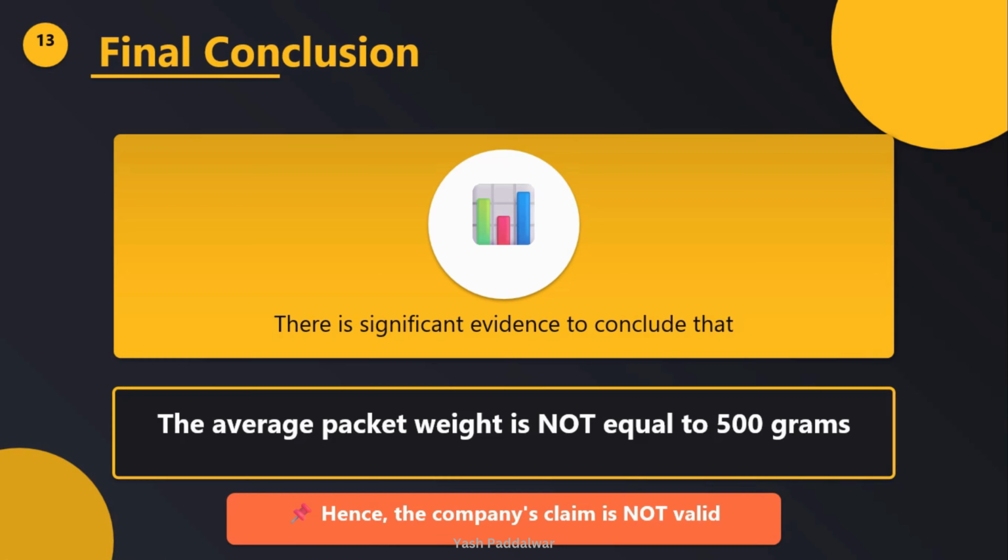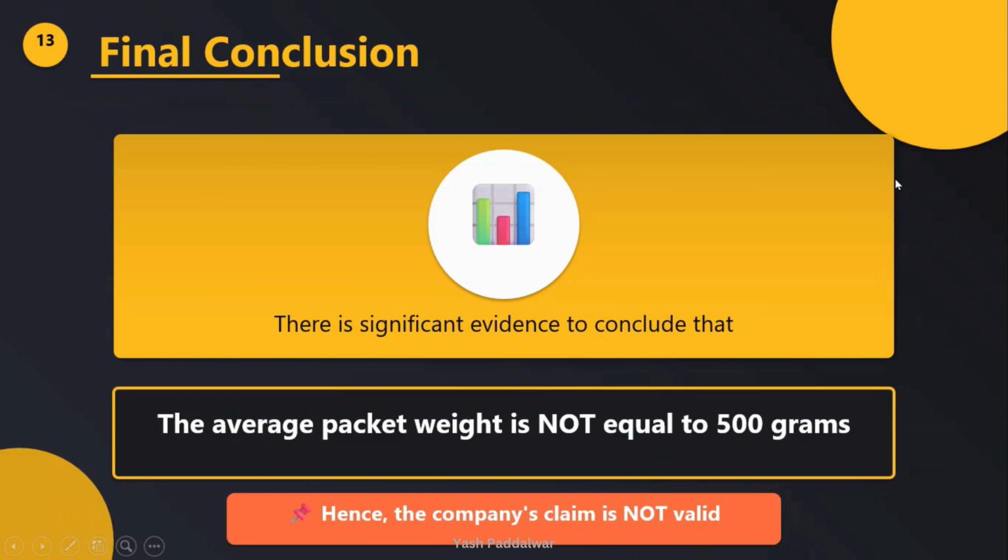So this is how you come to a final conclusion by computing the Z value and comparing it with the critical value of Z as per your level of significance. I hope this entire example is clear to you all.